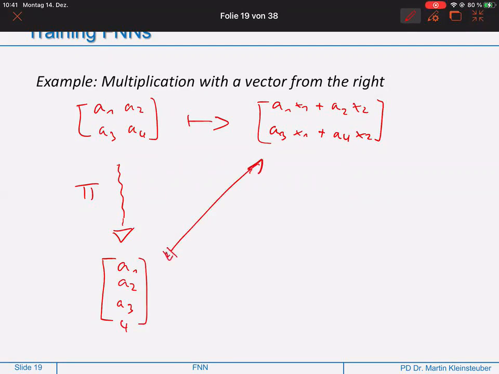Then the Jacobi matrix of that function, of A1, A2, A3, and A4, is of this form here. We have X1, X2, and X1, X2.